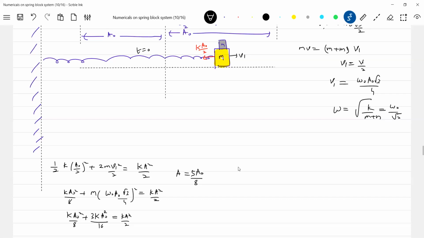Yes, sir. Okay, thank you. So it will be under root 5 by 8. Under root, please check once, because A square is there, no? Is it okay? If you say yes, I'll proceed. What do you expect, A greater than A naught or less than A naught? Should be less than A naught.